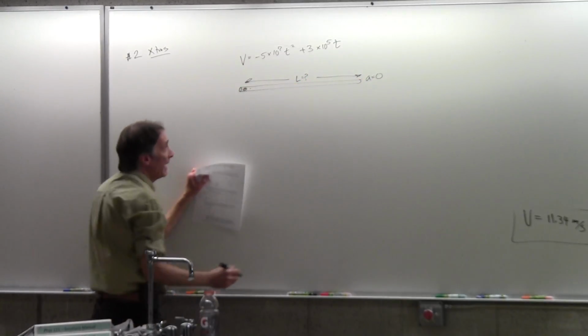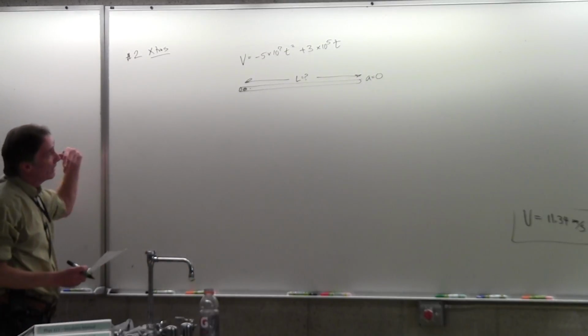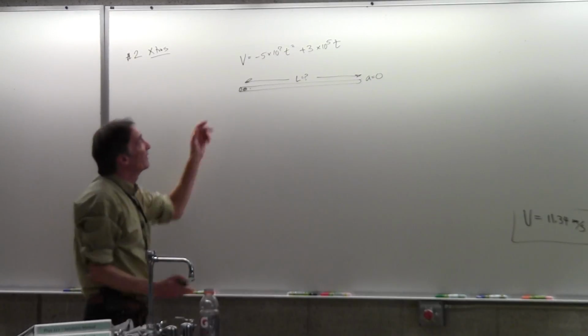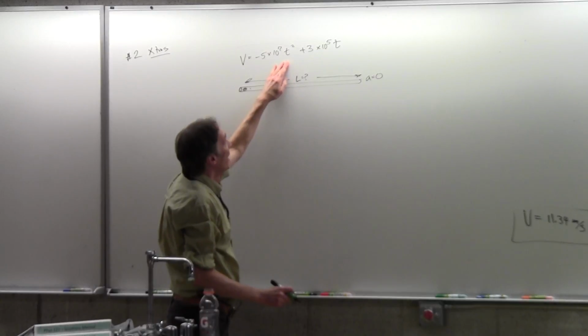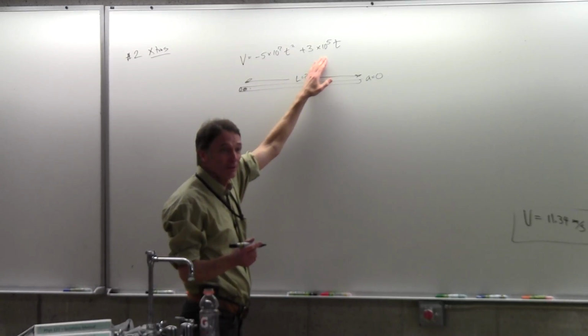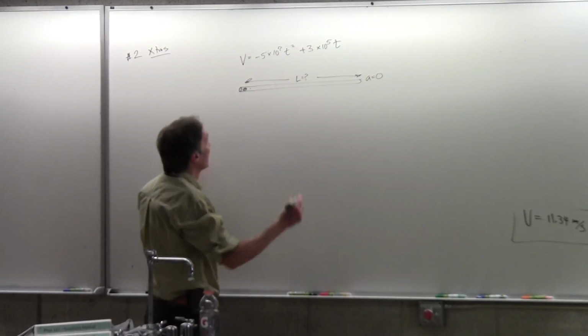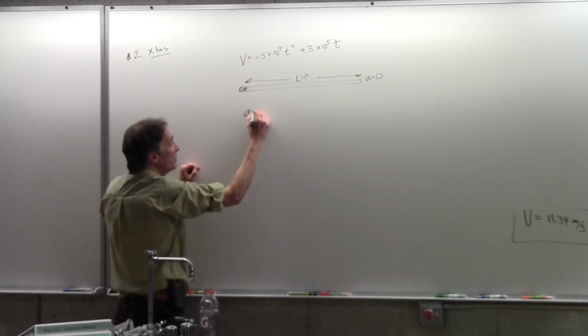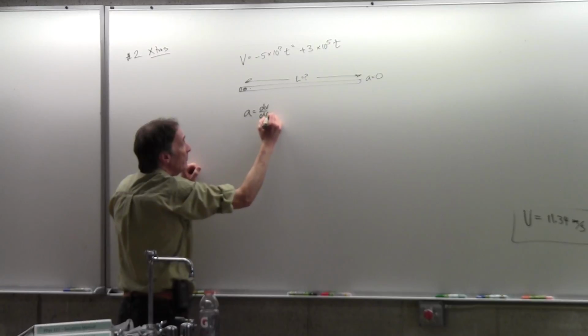Okay, he gives us the velocity. Now it is another one of these types of problems where we've got a velocity as a function of time. How about the acceleration? Is that a function? Yeah, let's check it out. I know acceleration should be equal to dv/dt.